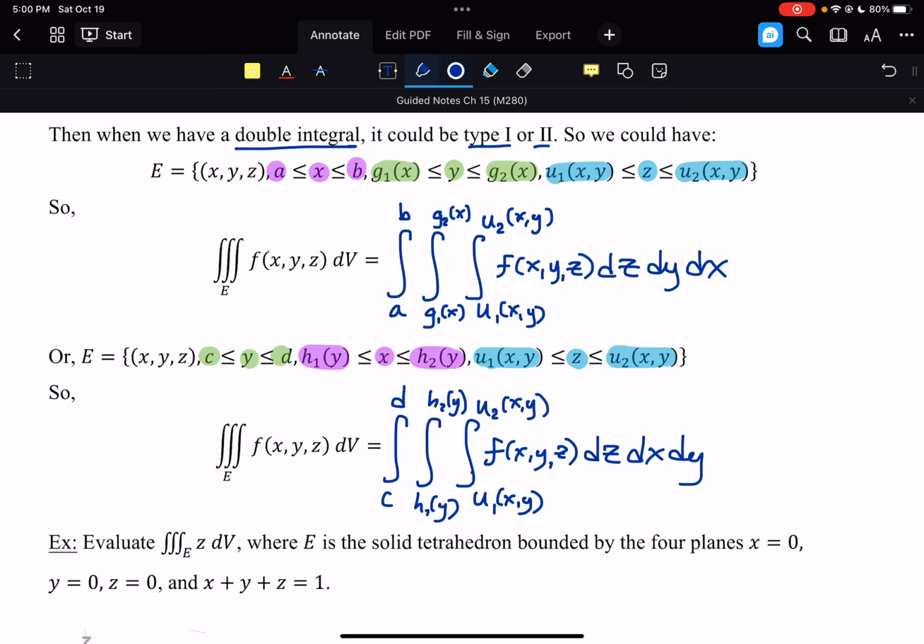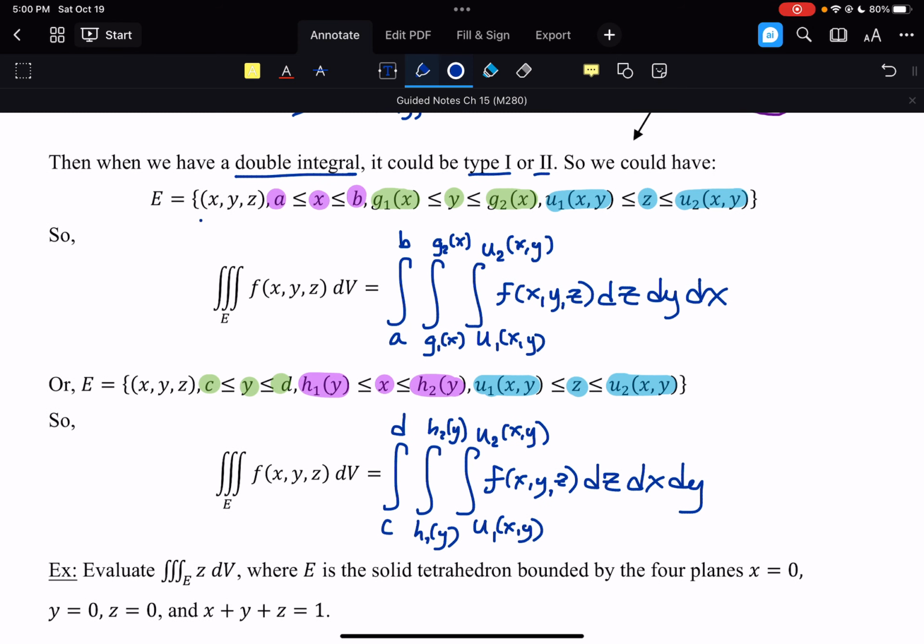Okay, so again, the 3D component is the same, and then the 2D component is being done horizontally. So this one is a vertical double, and this one is a horizontal double.